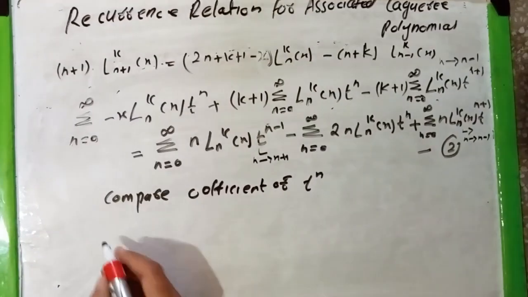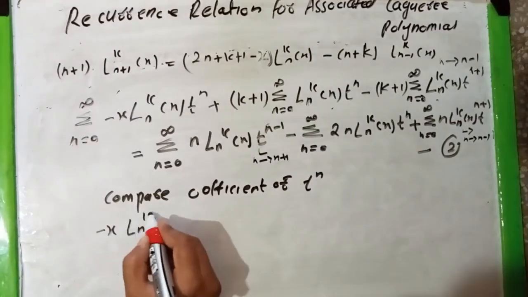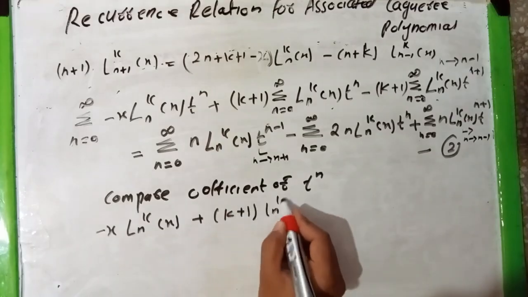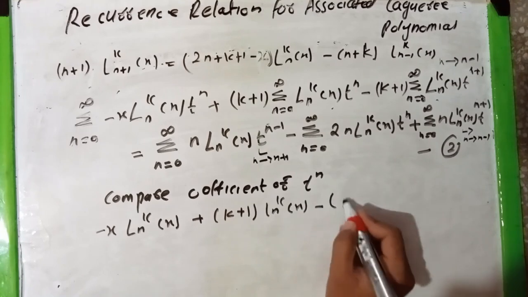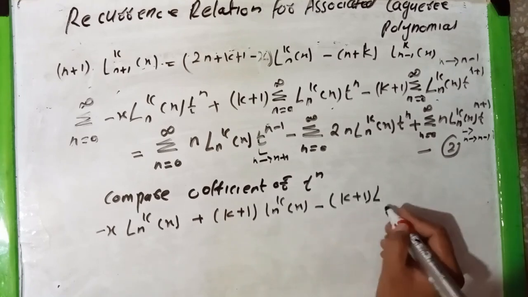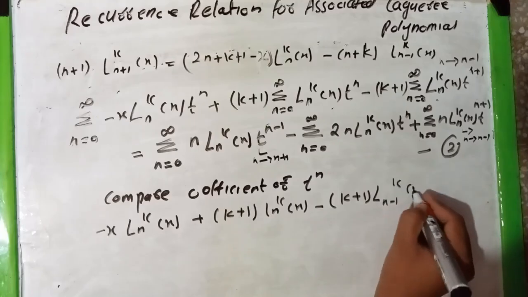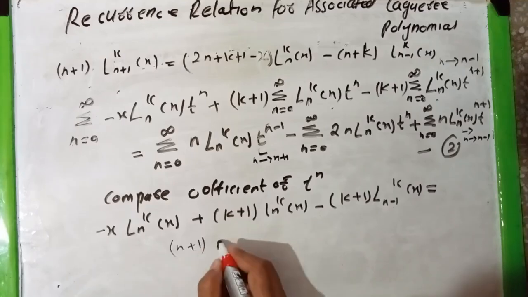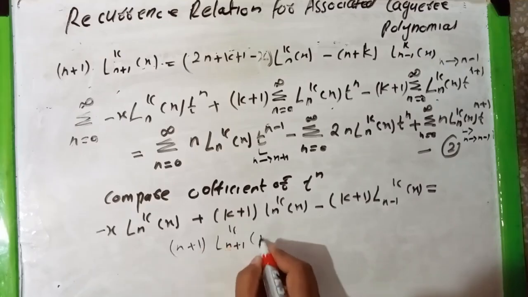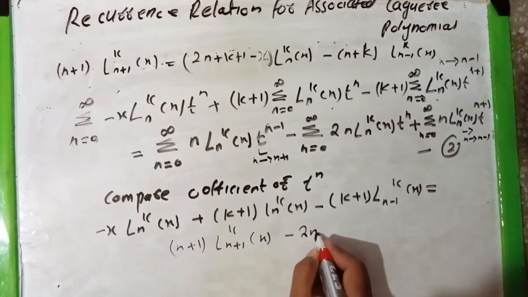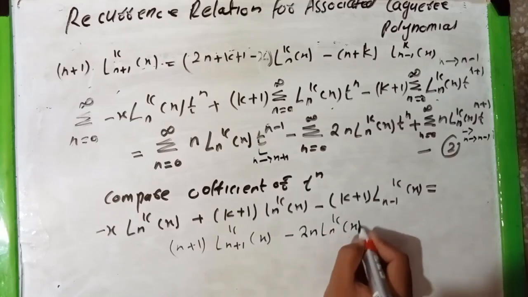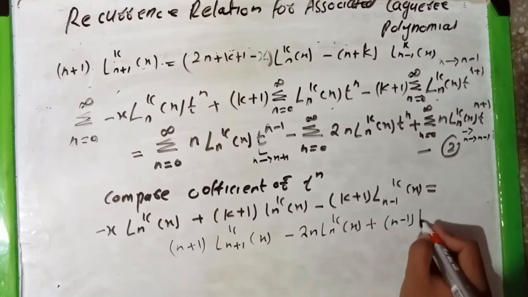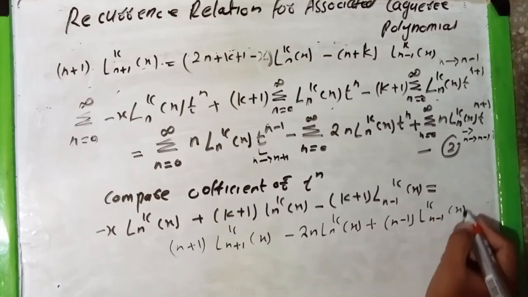So this becomes minus x L_n^k of x plus k plus 1 L_n^k of x minus k plus 1 L_{n-1}^k of x is equal to n plus 1 L_{n+1}^k of x minus 2n L_n^k of x plus n minus 1 L_{n-1}^k of x.